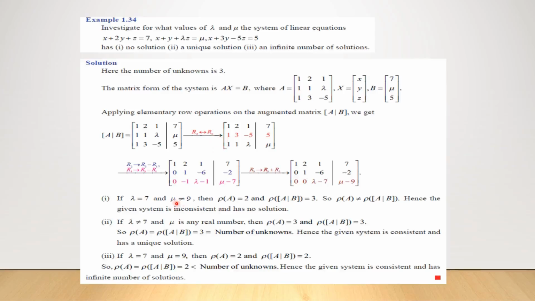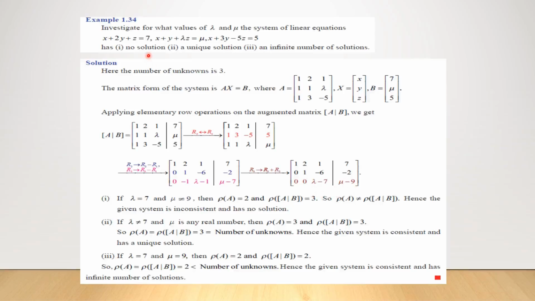In the next step, change the second row first element and third row first element to 0 by using R1. Then change the third row second element to 0 by using R2. After getting this triangular form, we will get one equivalent matrix in terms of lambda and mu.